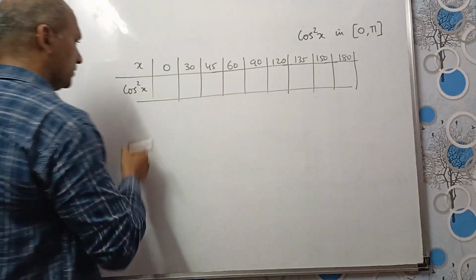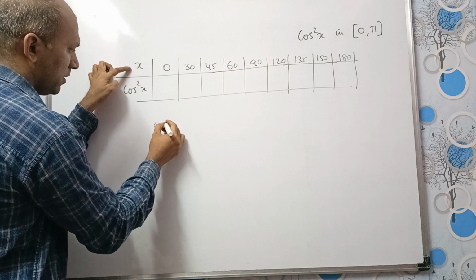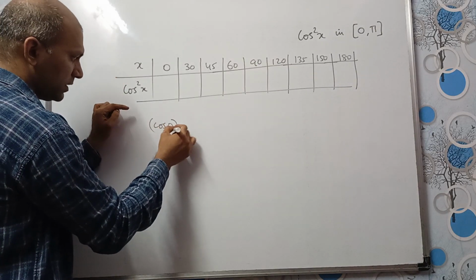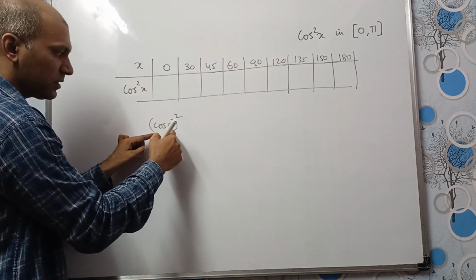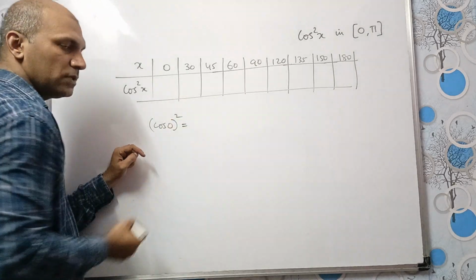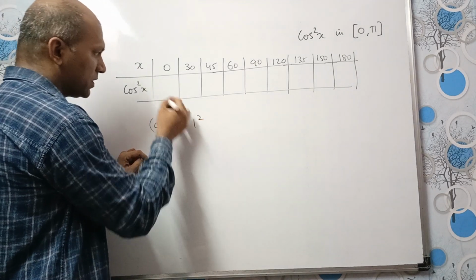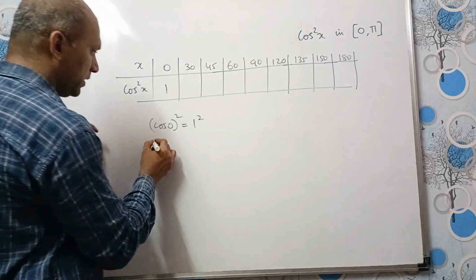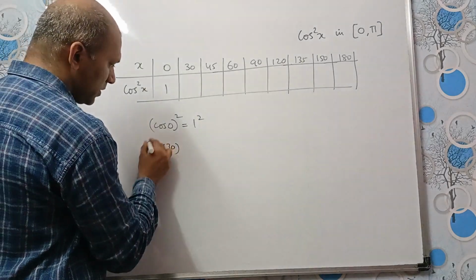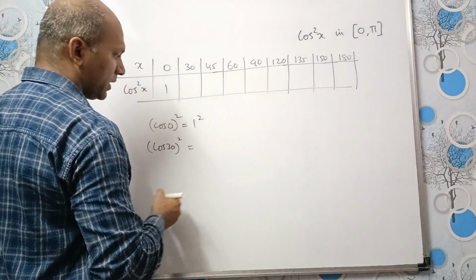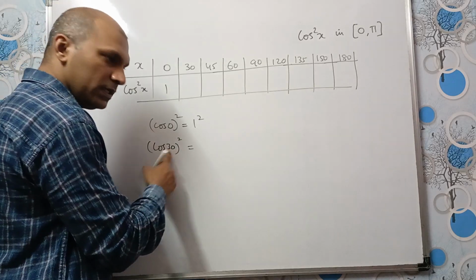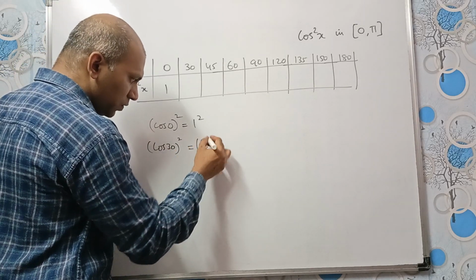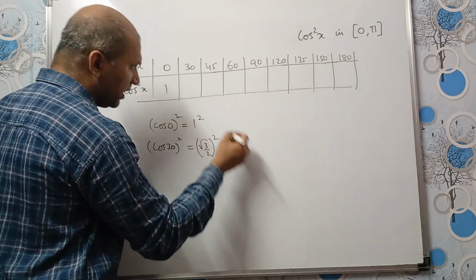Okay. See, cos 0 first. Cos 0 whole square. Cos square x is cos 0 whole square only, right? Cos 0 is equal to how much? It is 1. So 1 square will be equal to 1. Next we have cos 30 whole square. What is cos 30? Root 3 by 2. Root 3 by 2 whole square will be 3 by 4.